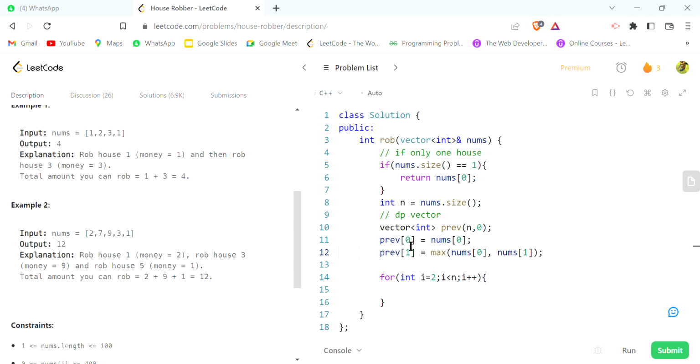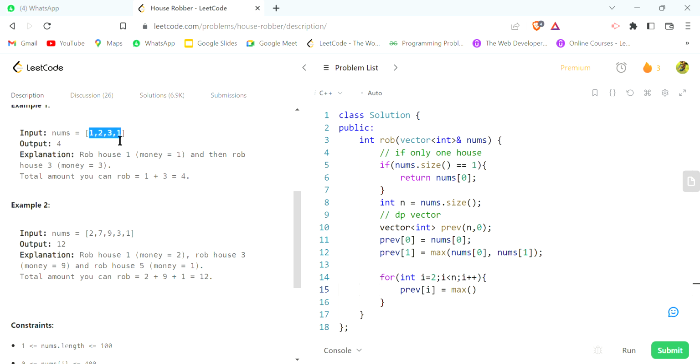Okay, do you understand? Then we run a loop, and what this loop is saying is that previous of i is the maximum of two conditions. At the ith position, if we rob, we have two profits. Let's say we are at i equal to 2.